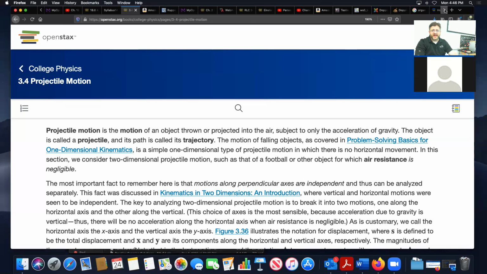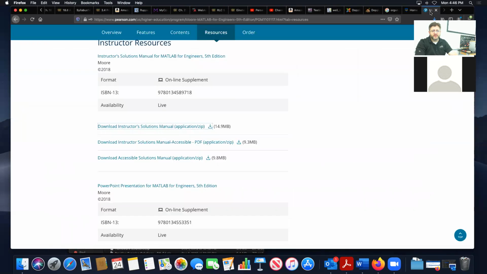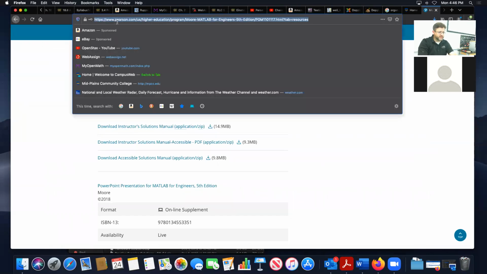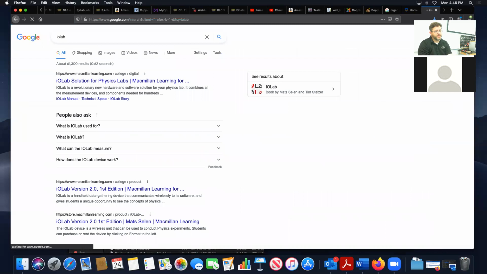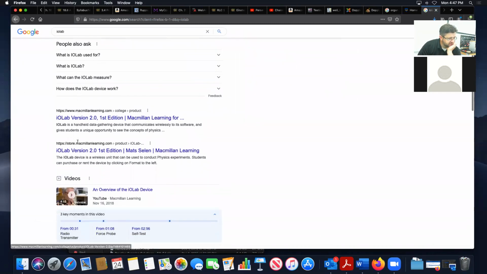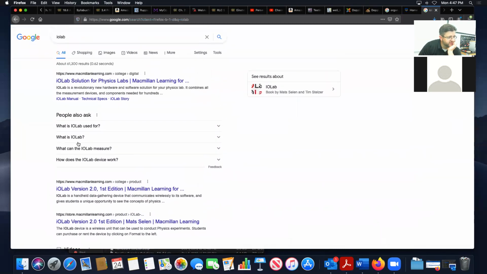But to get to these labs, the ones we're going to use, you jump to your internet and do a search for IOLab. And you can just go to the first thing, which is macmillanlearning.com.